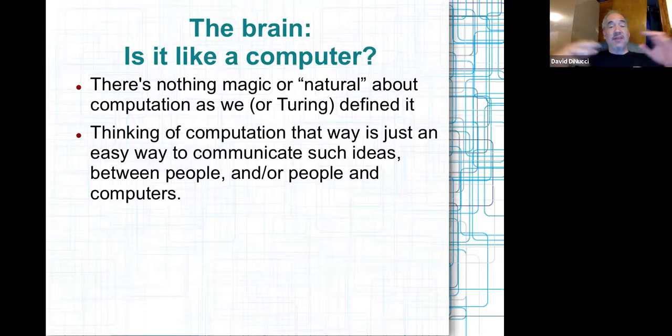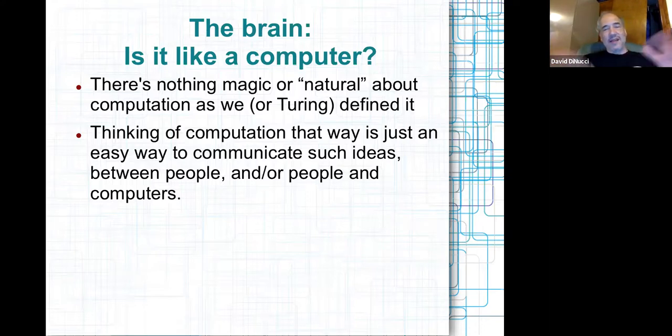There's nothing natural at all about this form of computing that I've been talking about. It just happened to be a fairly reasonable way to communicate between humans about what we want to get done. So a list of steps is easy for a human to follow.